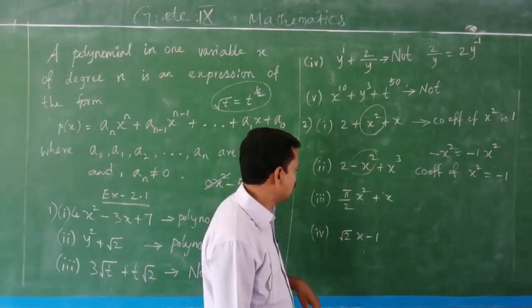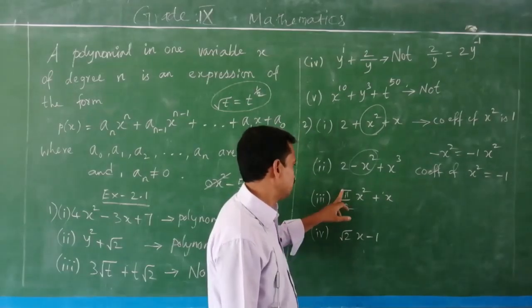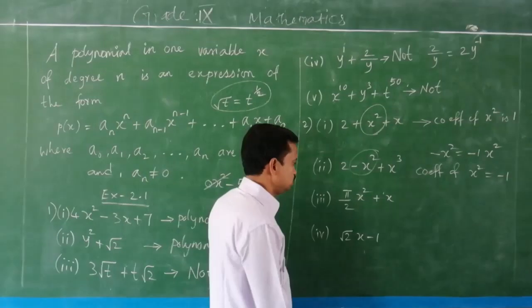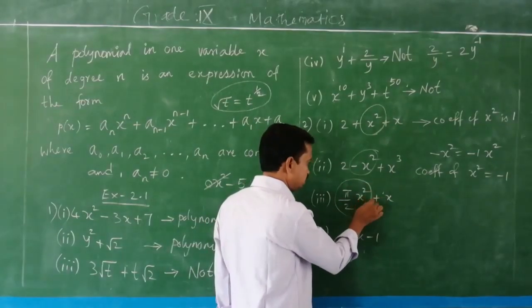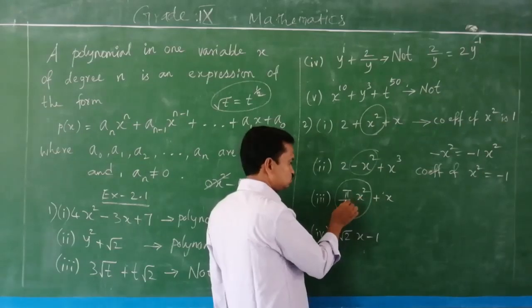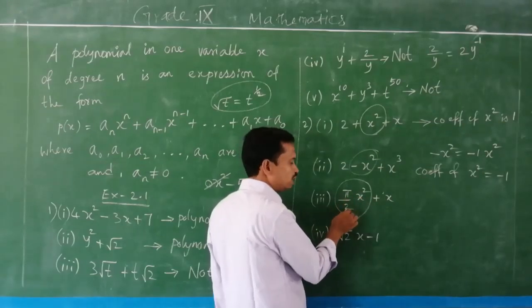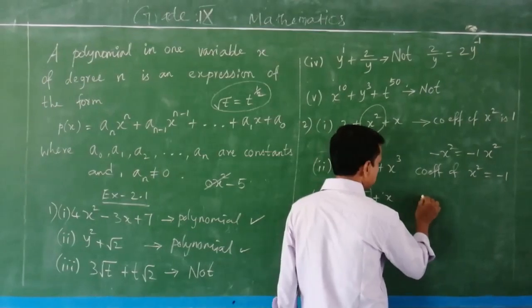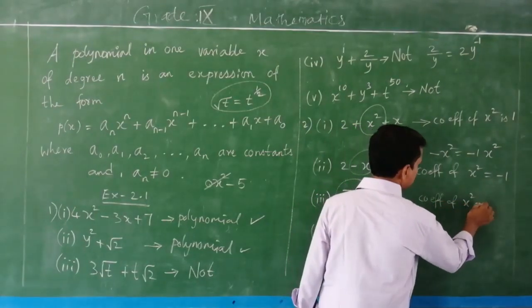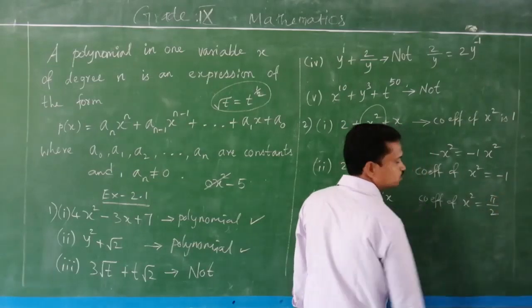And now coming to option 3, pi by 2 x square plus x. Here you observe pi by 2 x square. So the coefficient of x square is pi by 2.